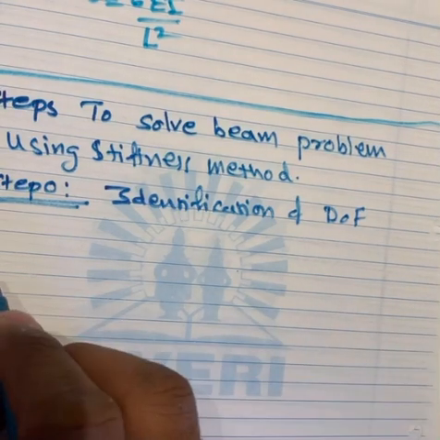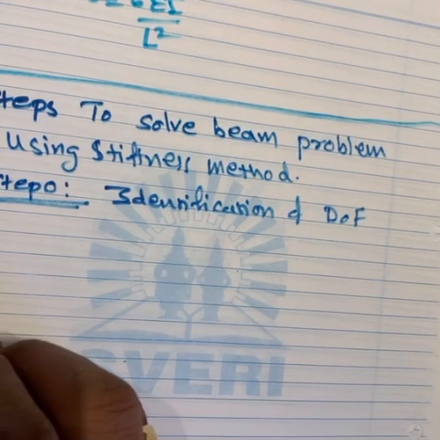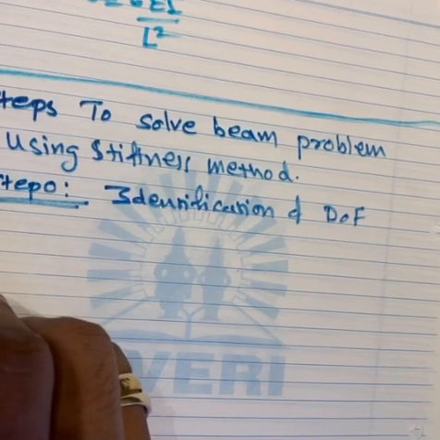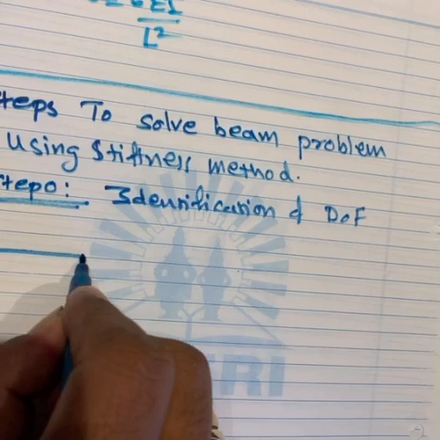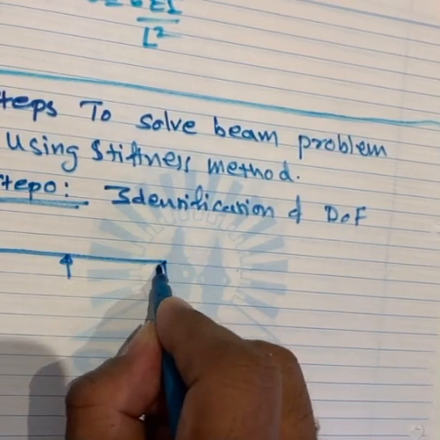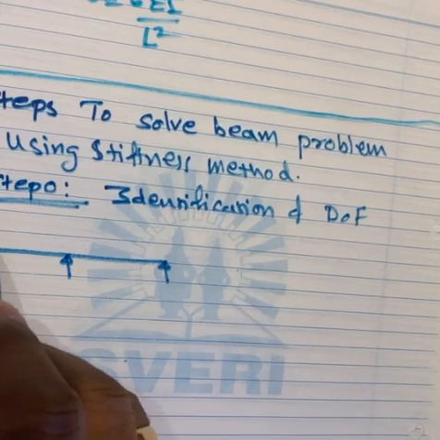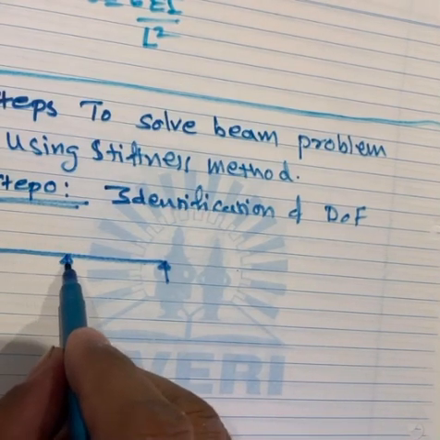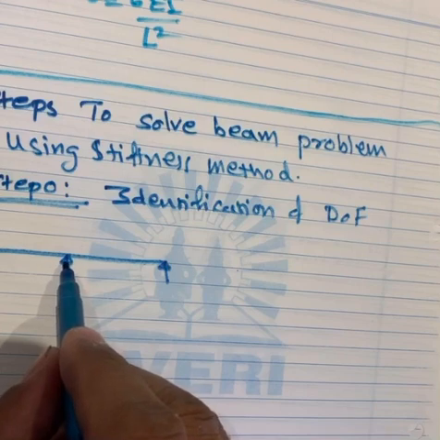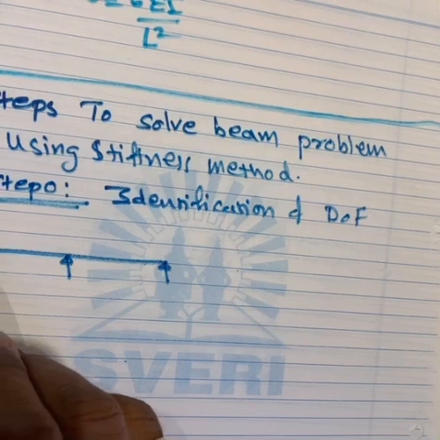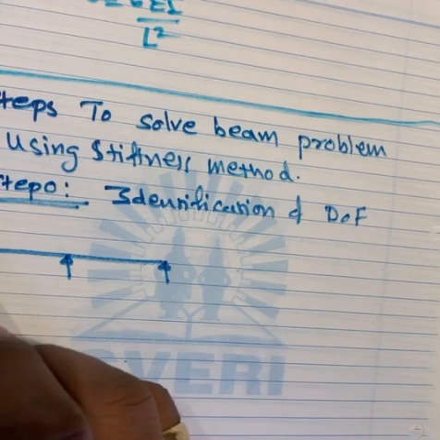So for example, let us take maybe 2 span beams, and we will understand. Let us say this is one example where there are 2 spans. Now this is a fixed support, so how many degrees of freedom are there? 0 here. Here, we are ignoring axial, so in the beam there are 2 degrees of freedom: one is rotational and another is vertical deformation.